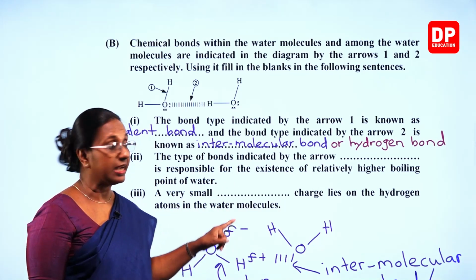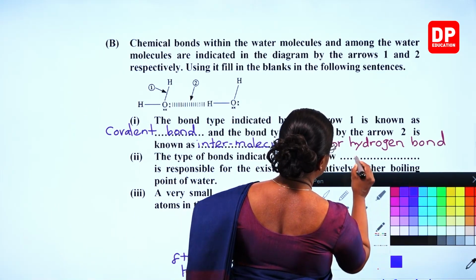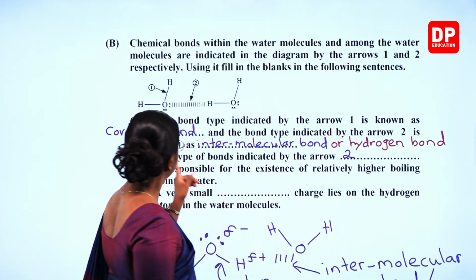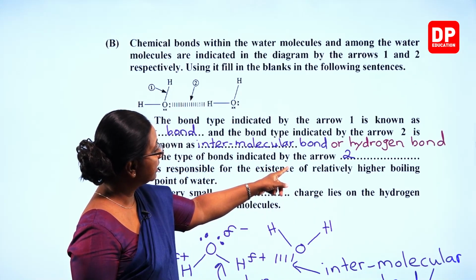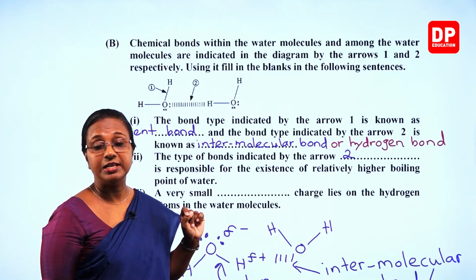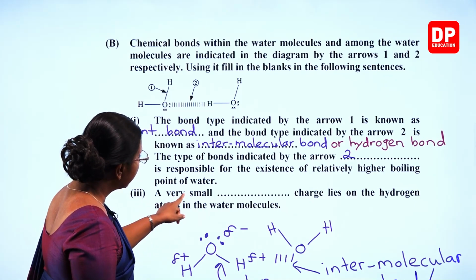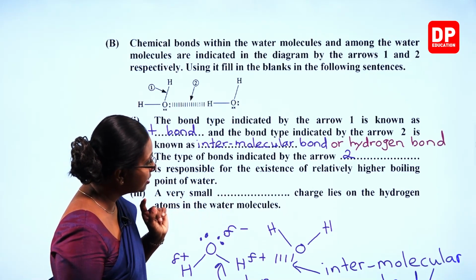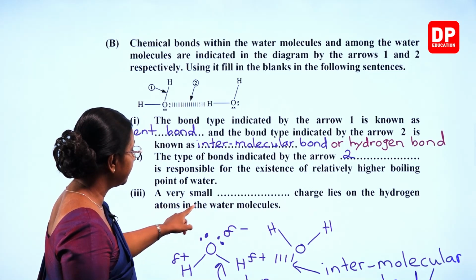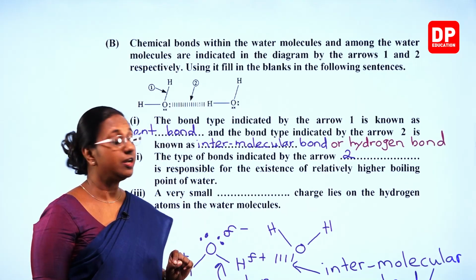I mentioned that it is bond 2, so there you have to write the number 2. The type of bonds indicated by arrow 2 corresponds to the hydrogen bond or intermolecular bond. Then the third one: a very small blank charge lies on the hydrogen atoms in the water molecules. I showed you all there is a positive charge.